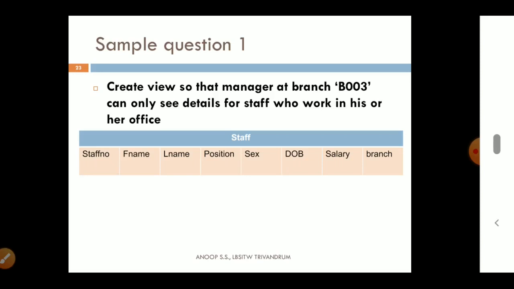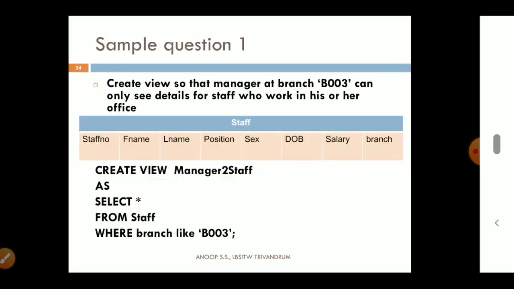Creating such a view can be done using the syntax of create view. That means create view, a view name, as, then a select query. Here I have given the view name as manager to staff. So create view manager to staff as, what is the select query needed here? It is select star from staff where branch like B003.